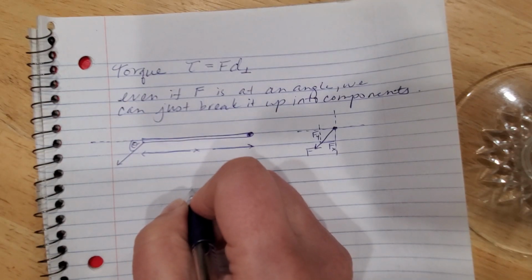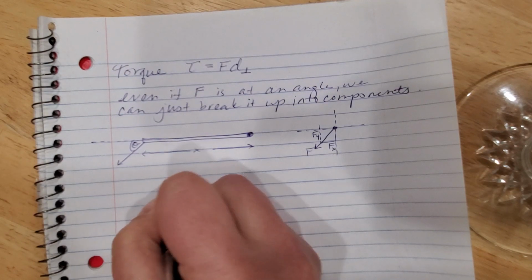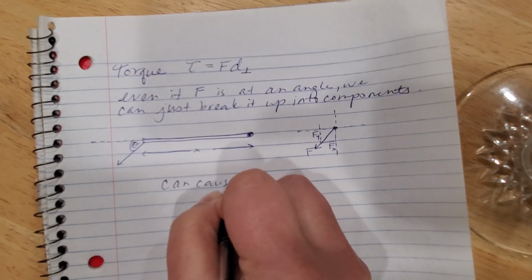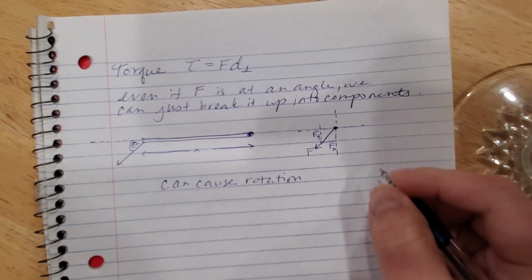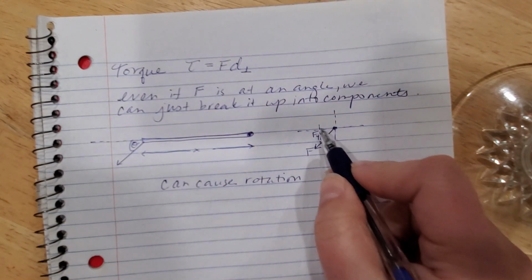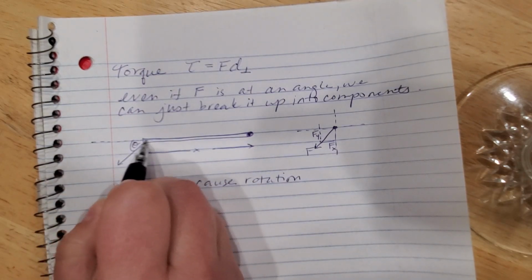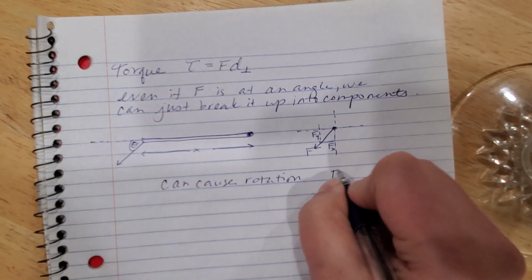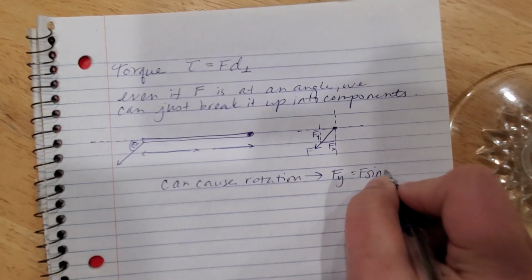This is F. We've got Fx and Fy. And let's see, which of these could cause rotation here? That would be Fy, because this one, we'd have an angle of 0 here. So Fy, and that would be F sine theta.